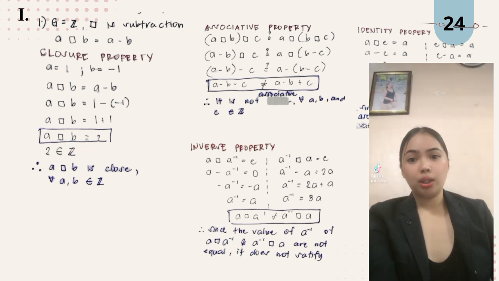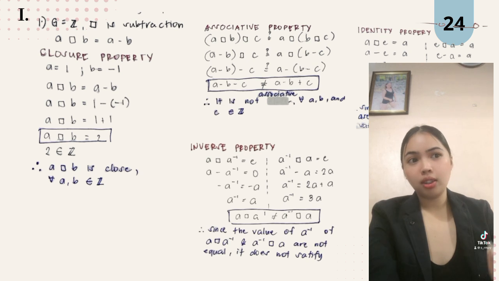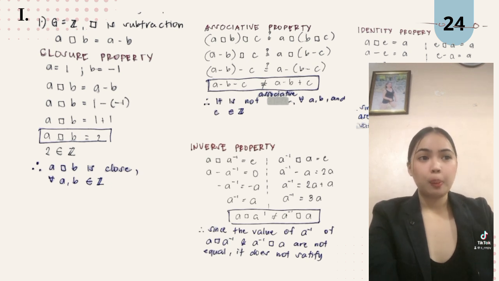Let's proceed to the associative property. Let's see if it is associative. A star B star C: (A star B) star C is equal to A star (B star C).